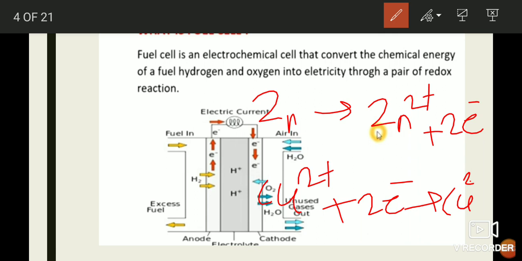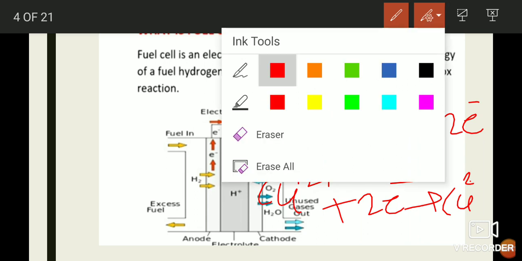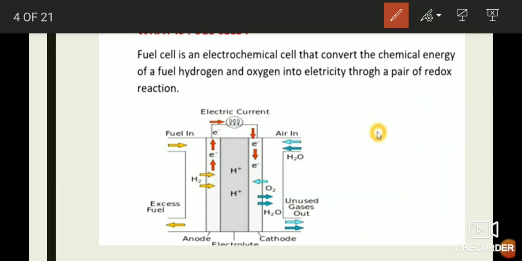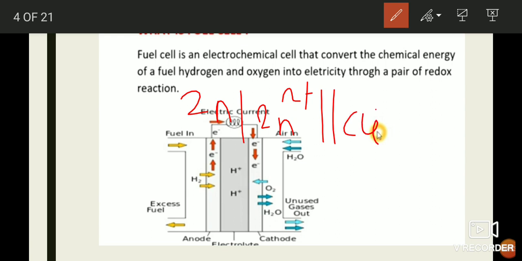This reaction is known as the reduction reaction. Then the cell is diagrammatically represented as Zn, Zn2+ oxidized, then Cu2+ and reduced Cu.